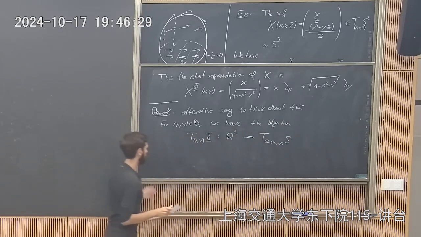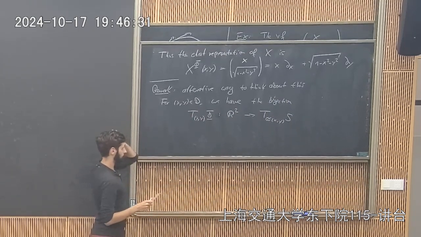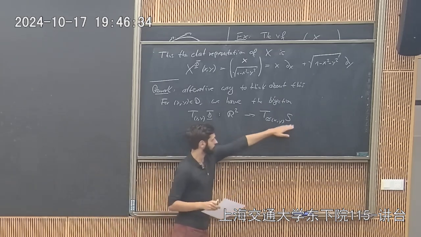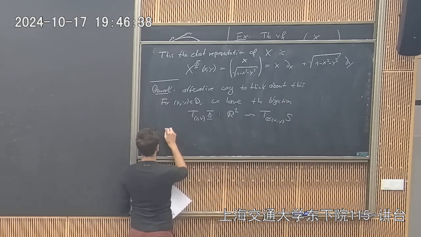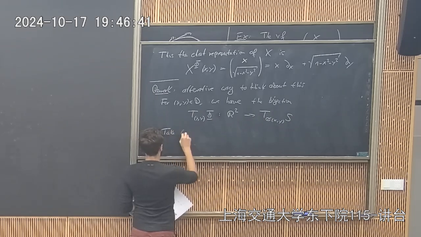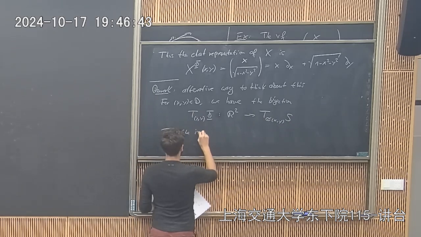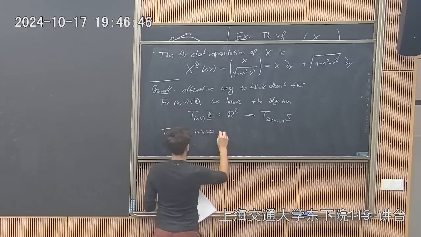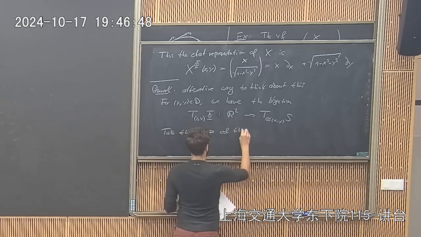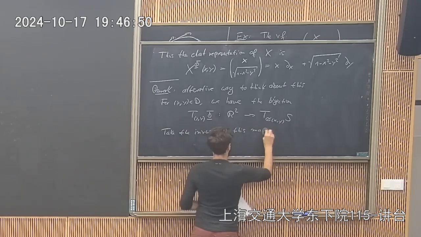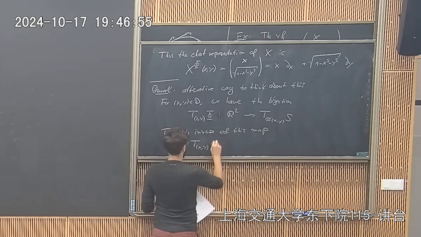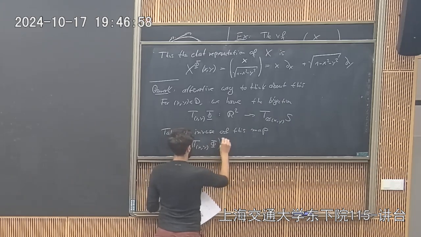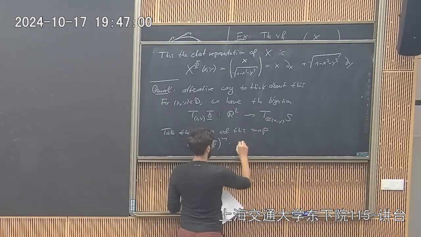So that's a projection. And that means that every tangent vector has a unique image here, so we can take the inverse of this map. That's a map that goes from this space to this space.